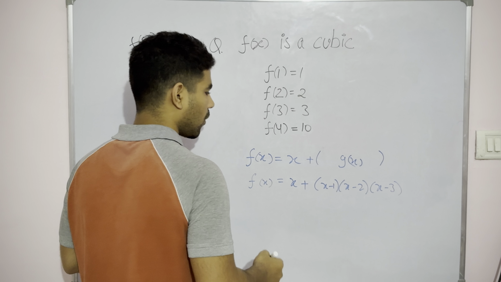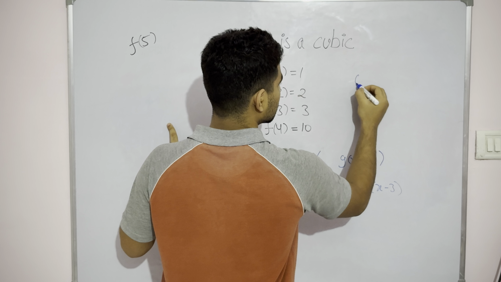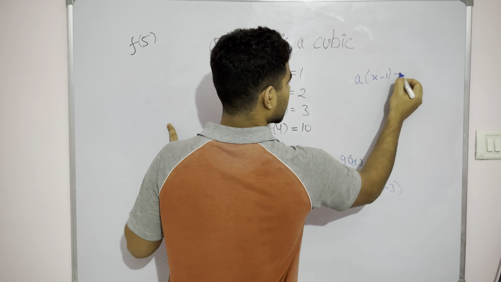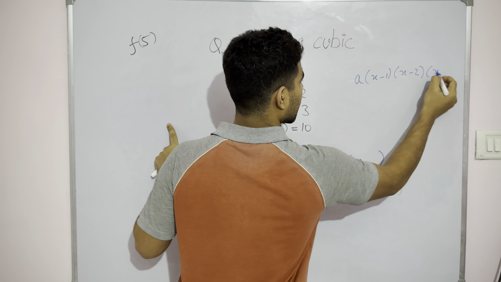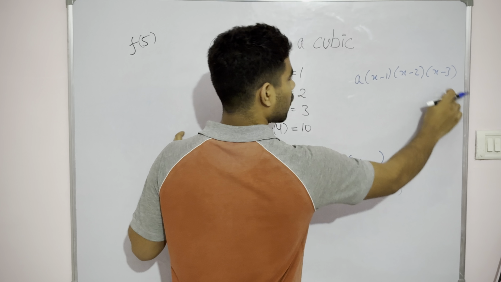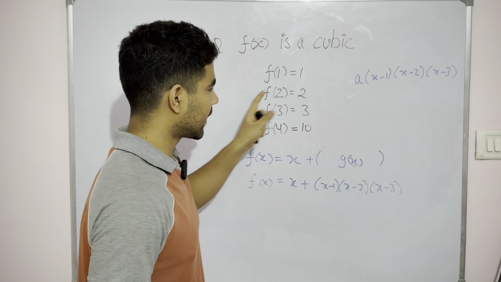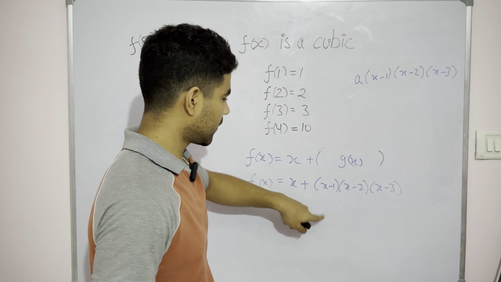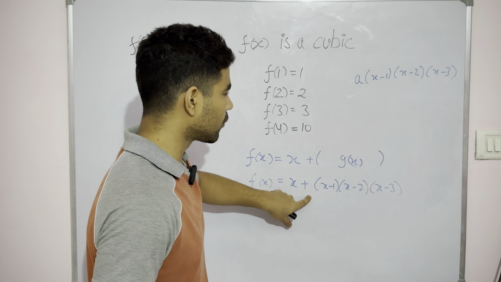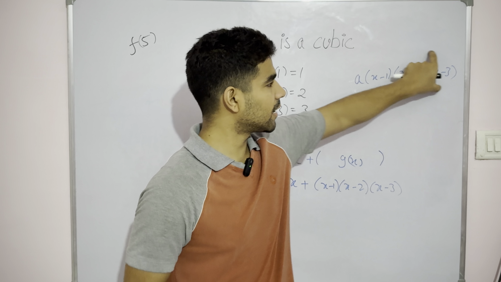A general polynomial can be this also, a times (x minus 1) into (x minus 2) into (x minus 3). This polynomial will also satisfy x equal to 1, 2, 3, but this is a different polynomial. We are talking here with a equal to 1, and here it is a general polynomial.